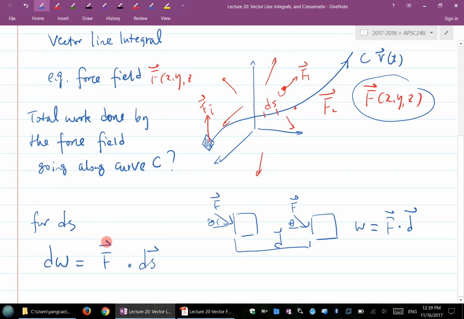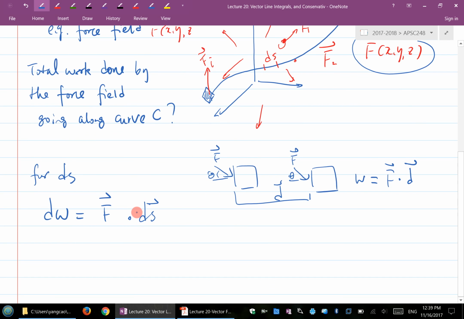That's the work done by pushing the mass through this force vector field by only a little differential displacement ds. So for ds, this is the amount of work done.